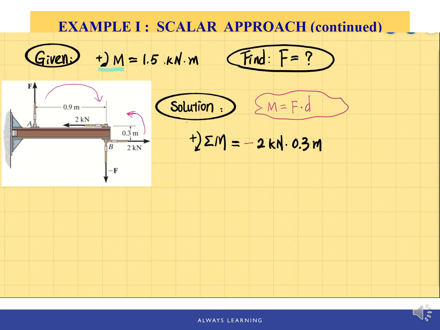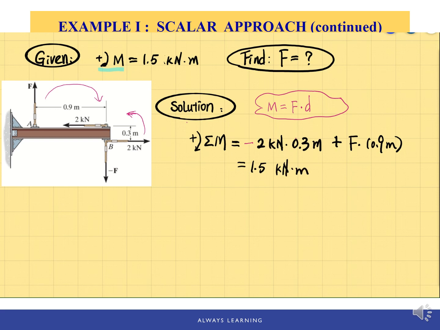The couple with F magnitude will cause a clockwise rotation, so it will be positive, and the magnitude will be F times D, which is 0.9 meter. Overall, this resultant moment should be equal to the value given in this problem, which is 1.5 kilonewton meter.